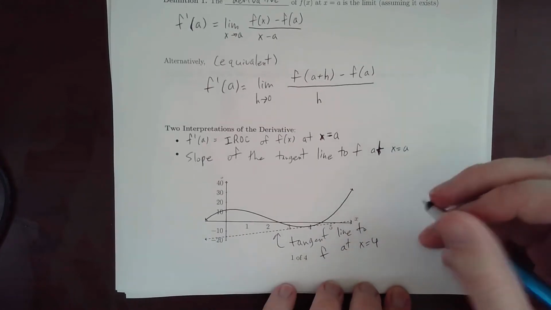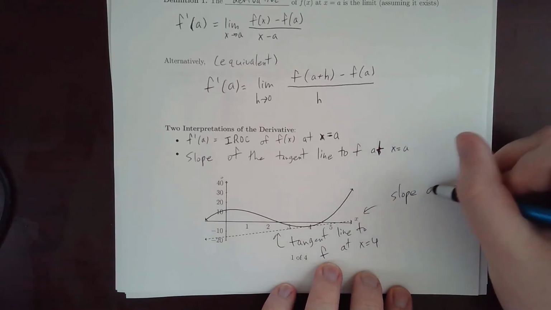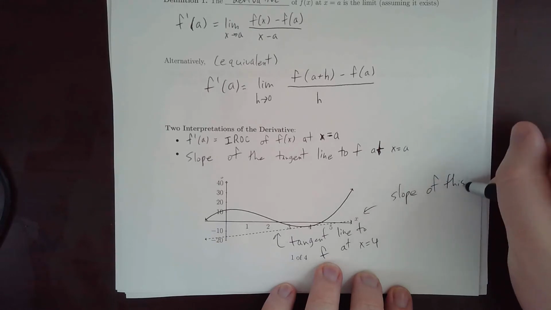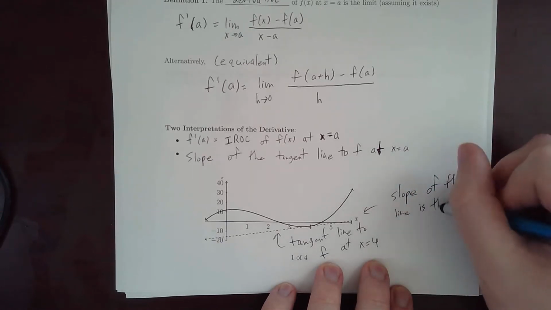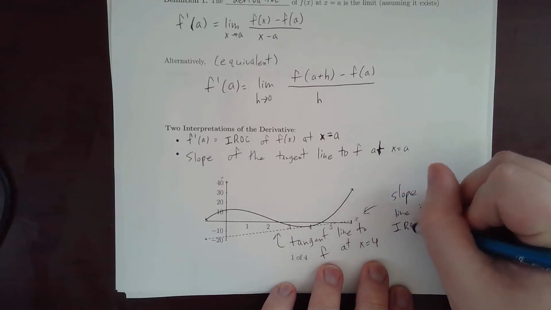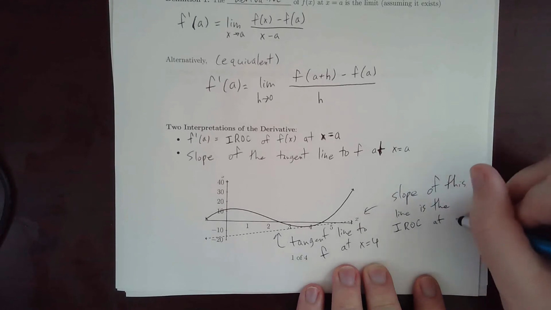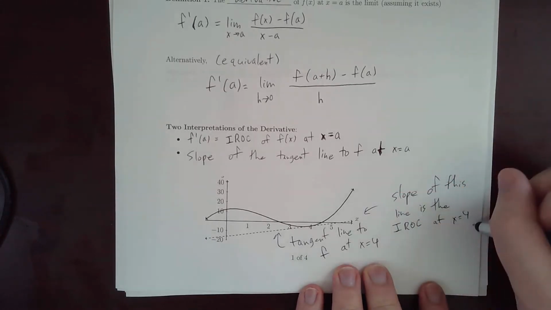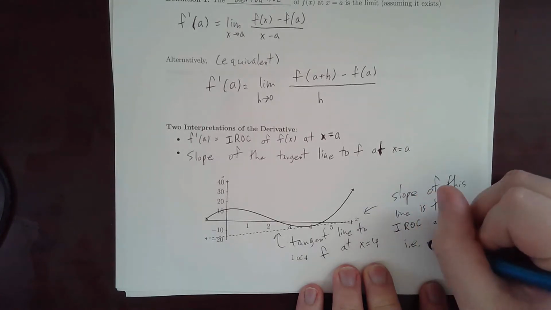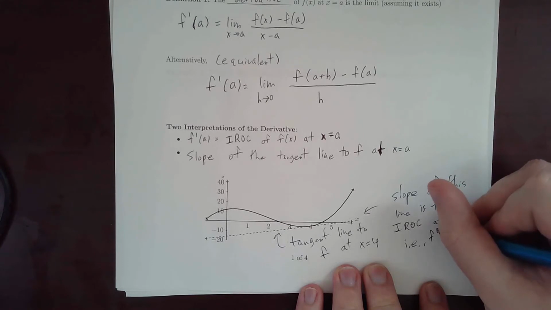So what we're saying then is the slope of this line is the instantaneous rate of change at x equals 4. Or in other words, that's f prime of 4.